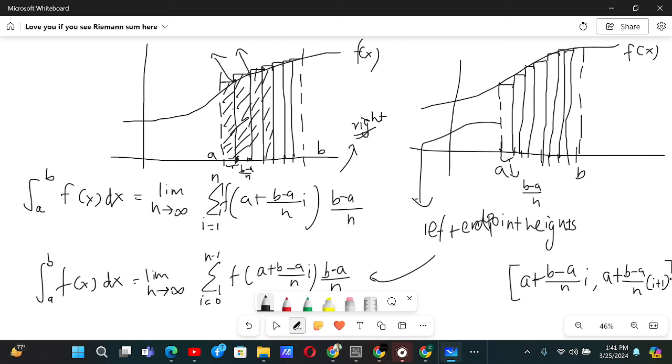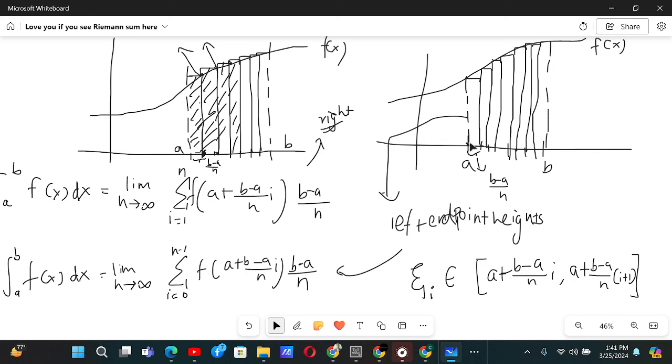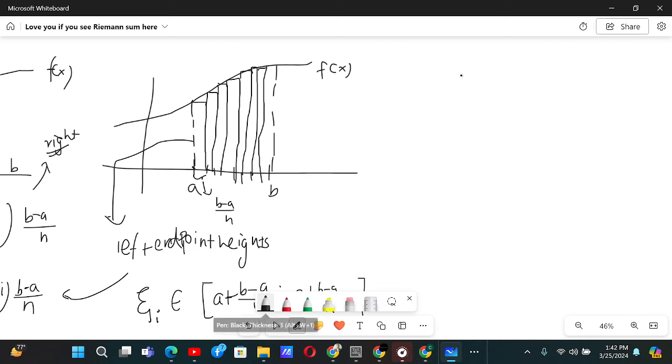Even if we have these two gaps, there is some random point, let's say chi of i, that belongs in this region. Instead of the left endpoint or right endpoint value, we can choose any point in this gap, from a plus (b minus a) by n times i to a plus (b minus a) by n times (i plus 1), take its height. Graphically, that will be clear.